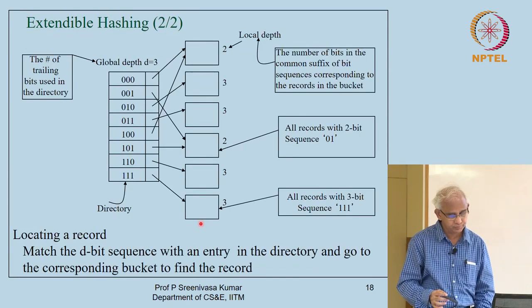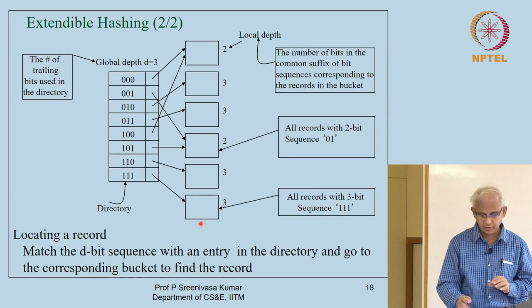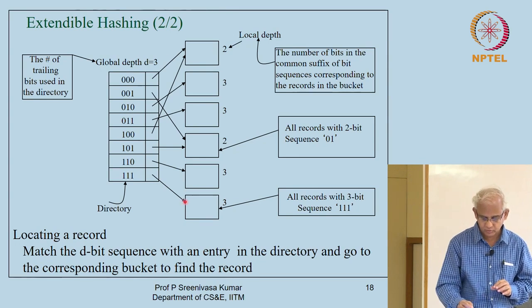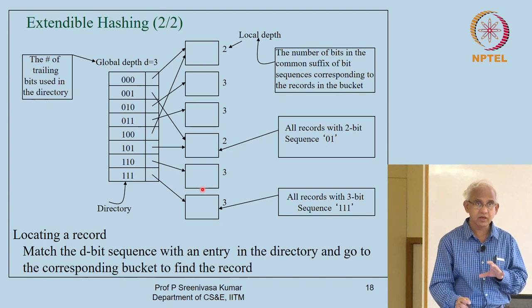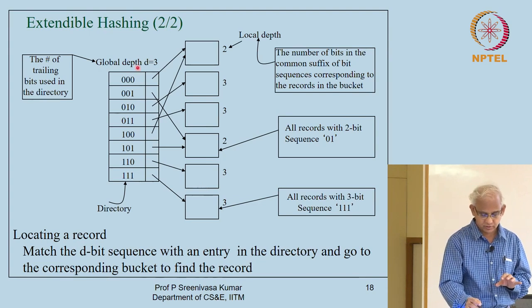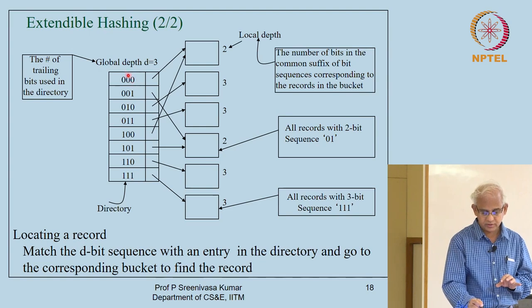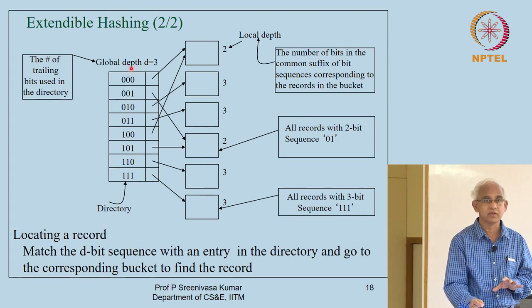Here is how extendable hashing works. There is a very interesting picture here, focus on this. The scheme makes use of a directory. This is the directory, and it has a certain depth called the global depth.